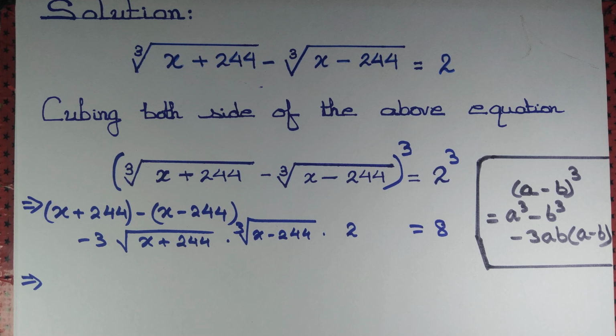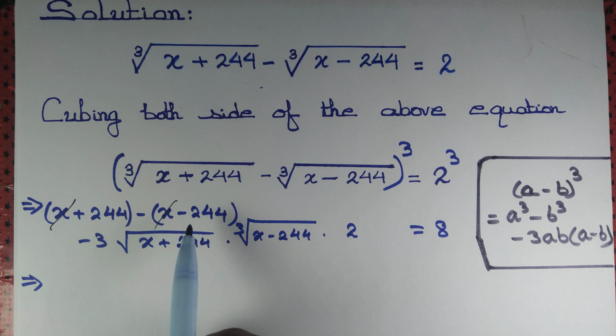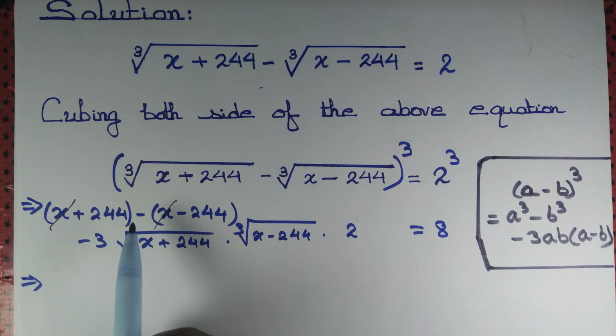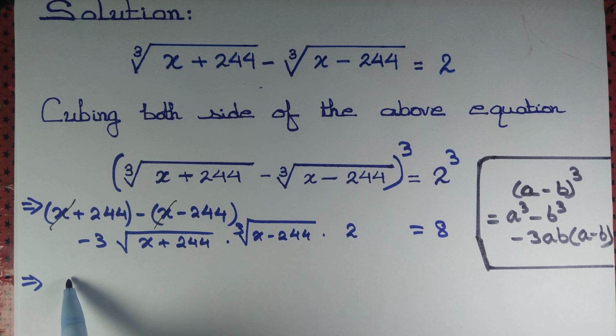Wow, we get a bit simpler expression. You can see that we can cancel x. Let's cancel it out. x minus x is 0. Plus 244, and negative of negative is positive, so another 244, in total 488.